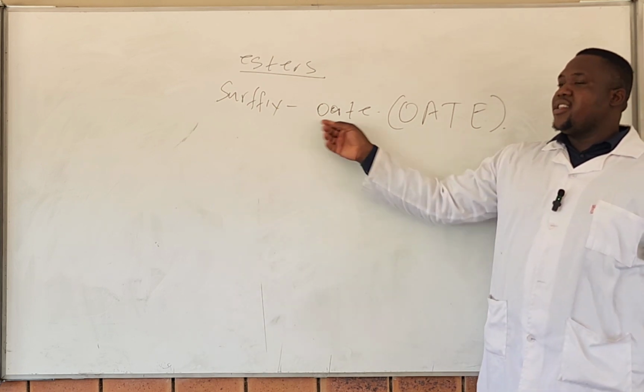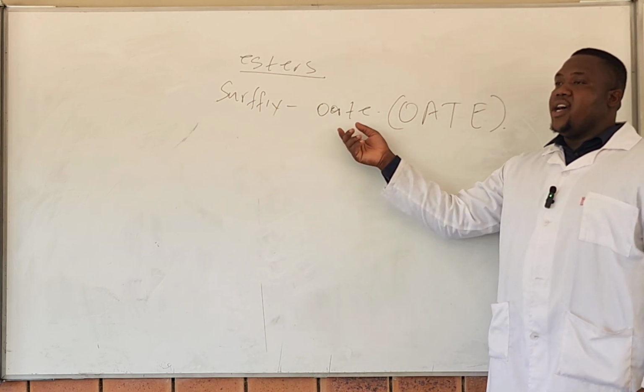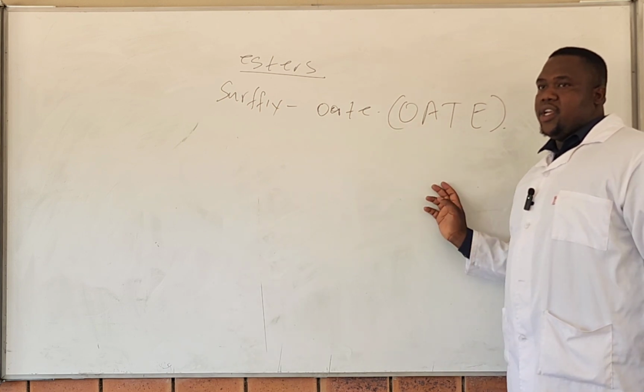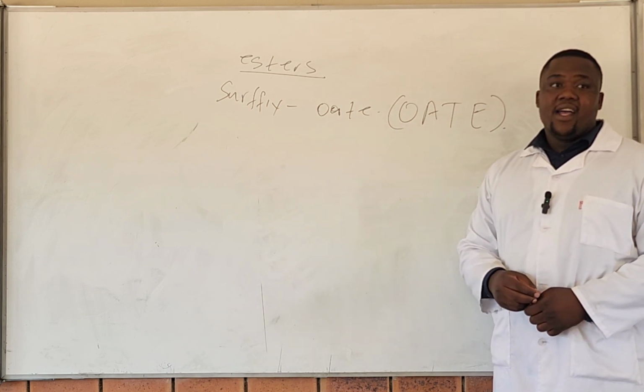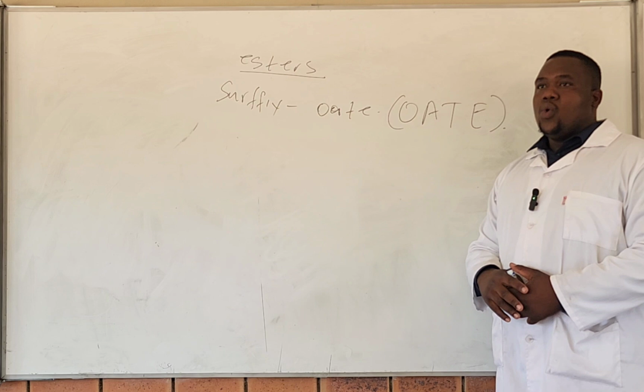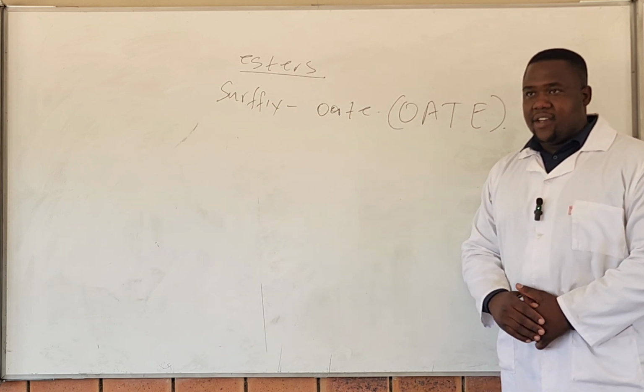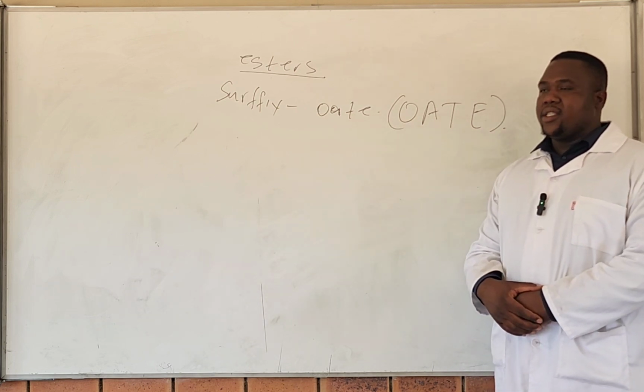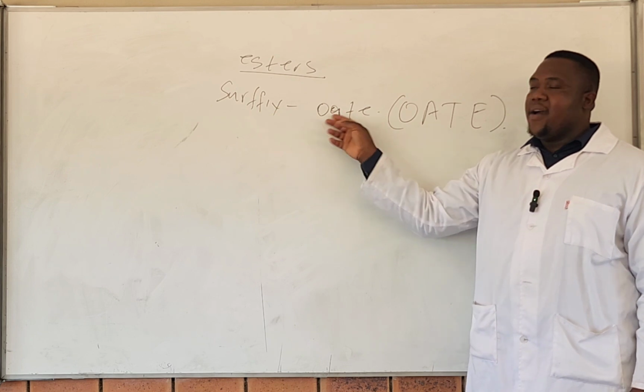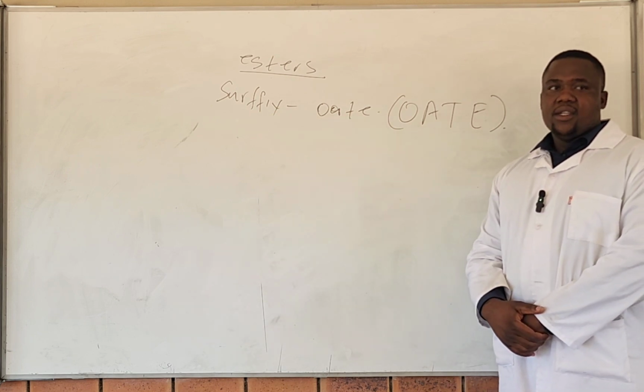Each and every ester, at the end, you will hear the word -oate. Those are esters. The ending name of each and every ester is -oate, as you know the suffix is the ending word.